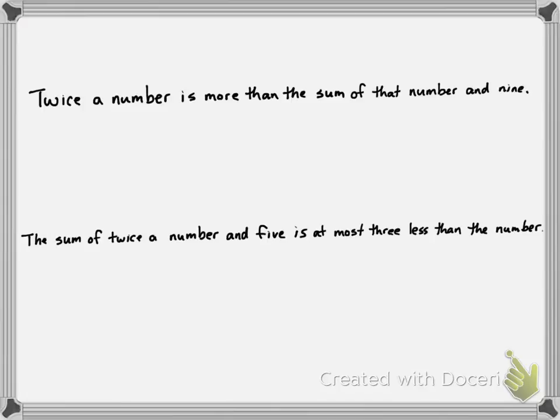Okay, and the next one says the sum of twice a number and 5 is at most 3 less than the number. So, I'll give you a second, you can pause it, see if you can translate those into inequalities.